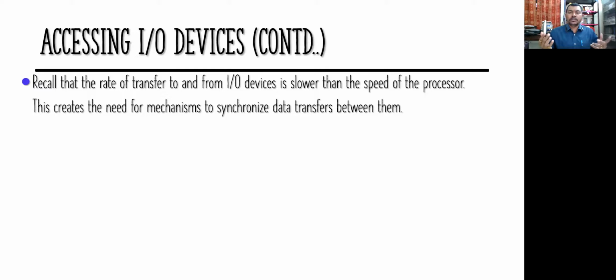So every time I need to be at a lower speed, so that all the communication is proper and you are able to understand. In this case, the other devices must be slower for communication, so they should communicate the data at a slower rate as compared to the rate of the processor.